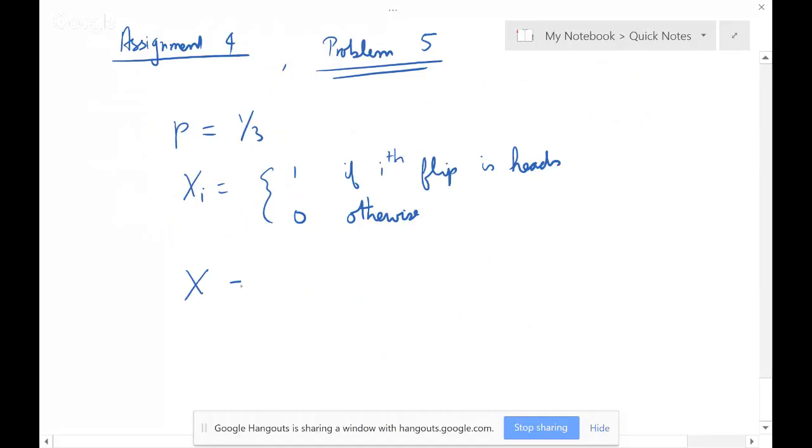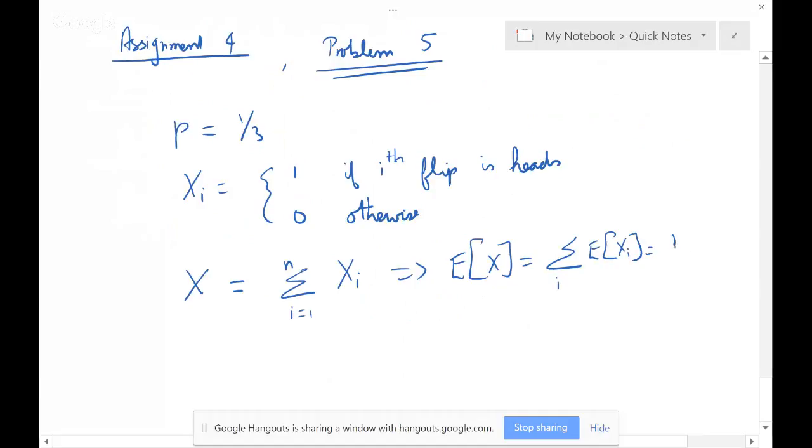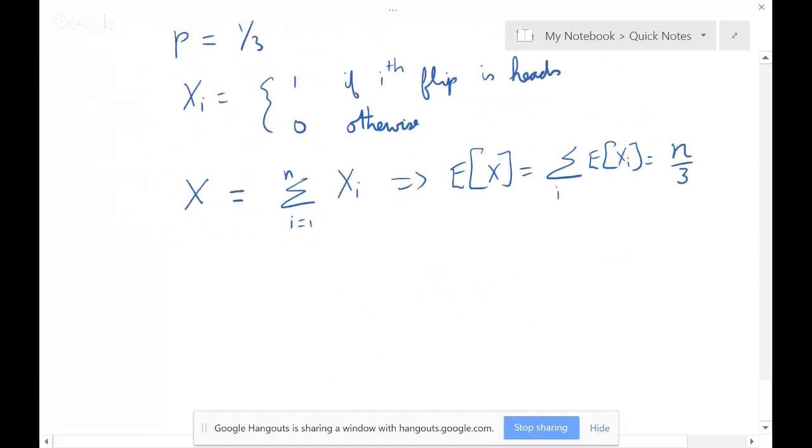So capital X is the total number of heads, given by the summation of X_i for i equal to 1 to n. Which implies that the expectation of X, using linearity of expectation, is the sum of the individual expectations, and that's nothing but n/3. I think this part is easy.